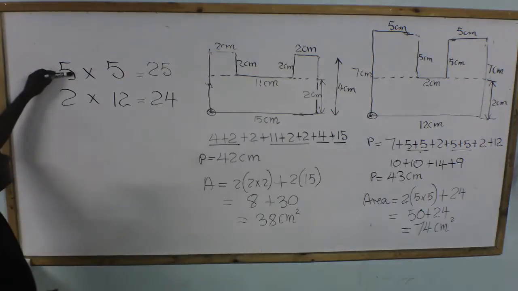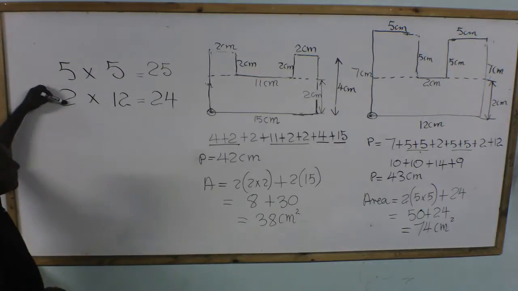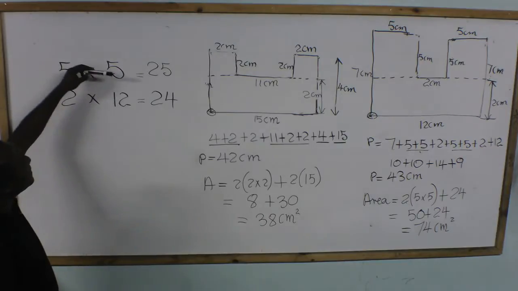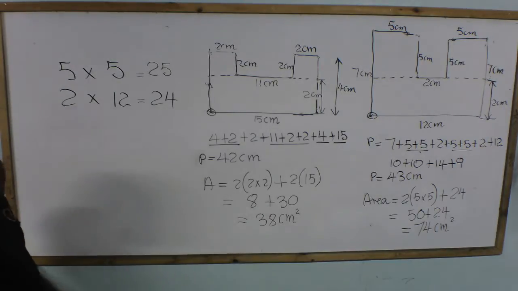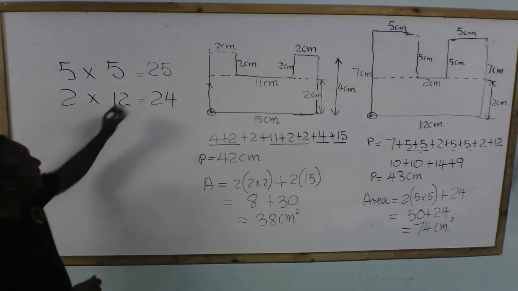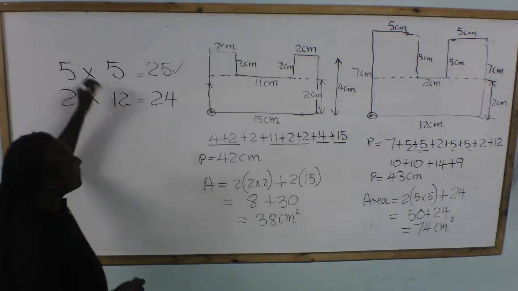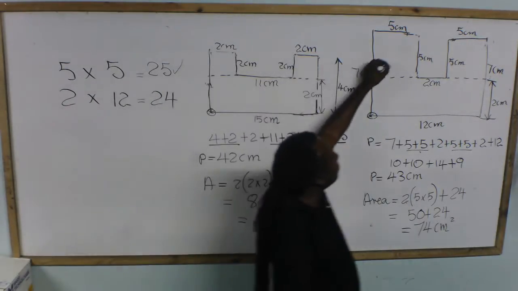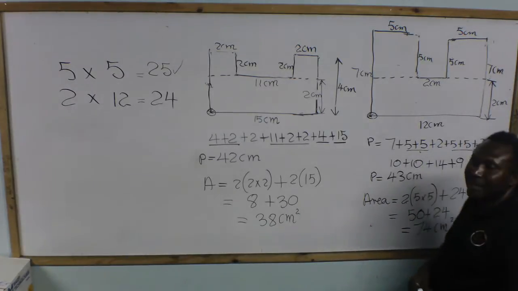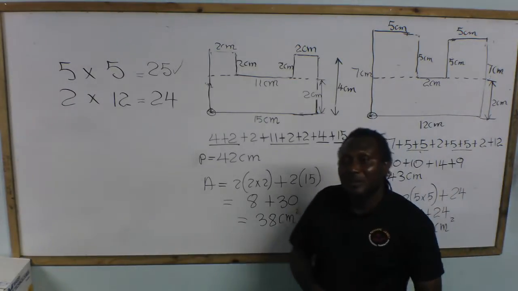So while this 5 is 2.5 times this, this 12 is not as much as 2.5 times 5. Therefore, we can see that proportionately, this area should be larger, this one. The 5 by 5 should be larger than this, even though it does not appear so.